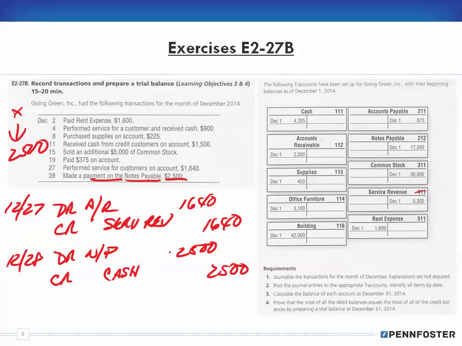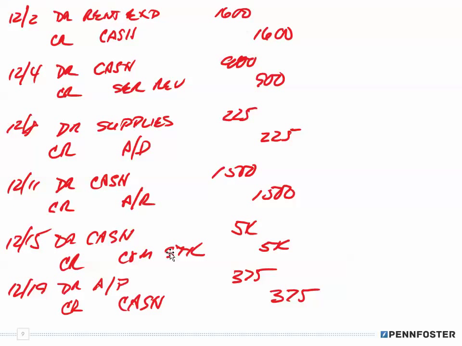All right. So 12/27. I'm going to go down one more slide here. 12/27. I had a debit to accounts receivable for 1640, and a credit to service revenue.